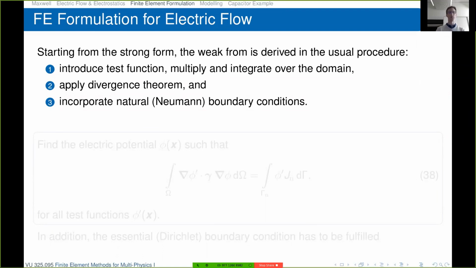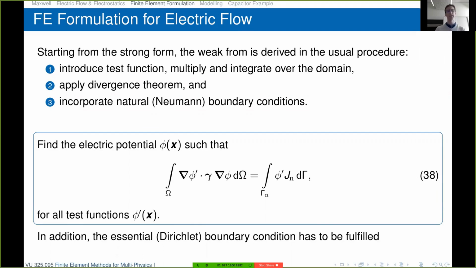Our weak form reads: find the electric potential phi such that we have satisfied our equation 38 for all test functions phi prime of x. And in addition, of course, we have to fulfill the essential Dirichlet boundary conditions too.